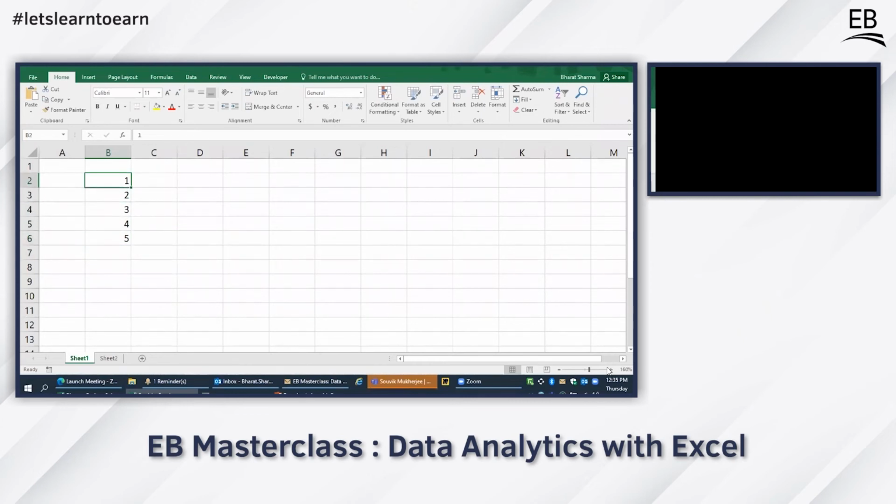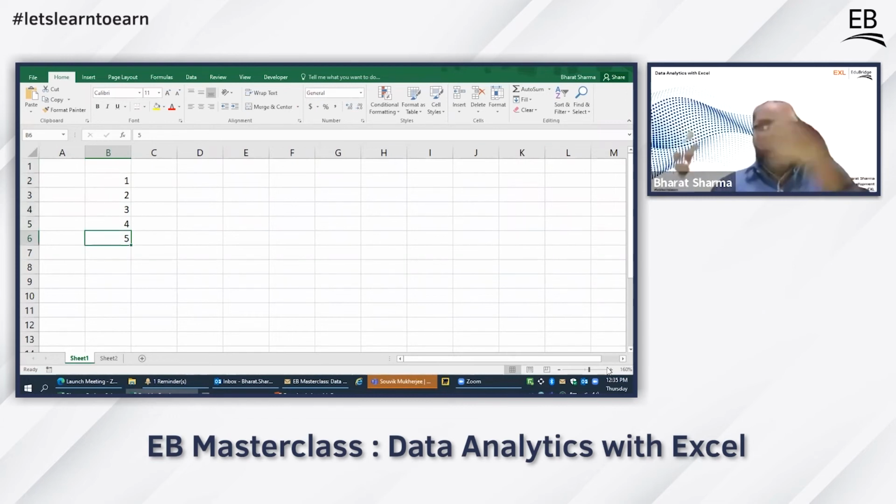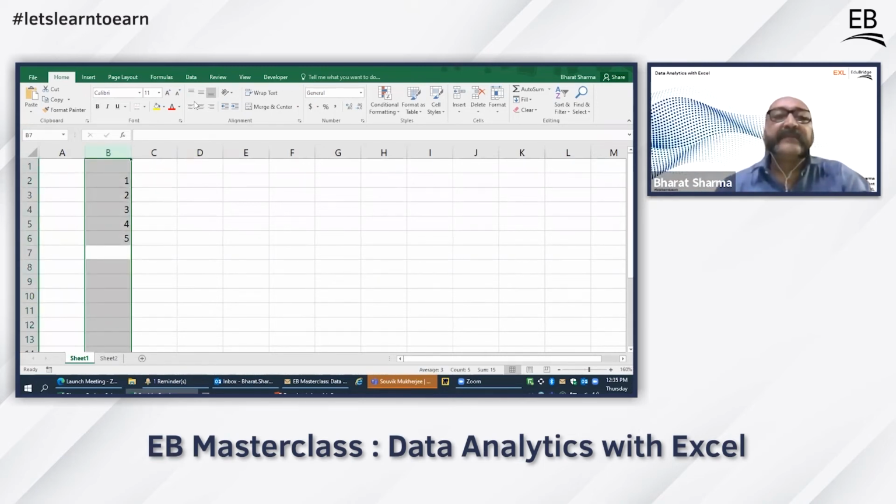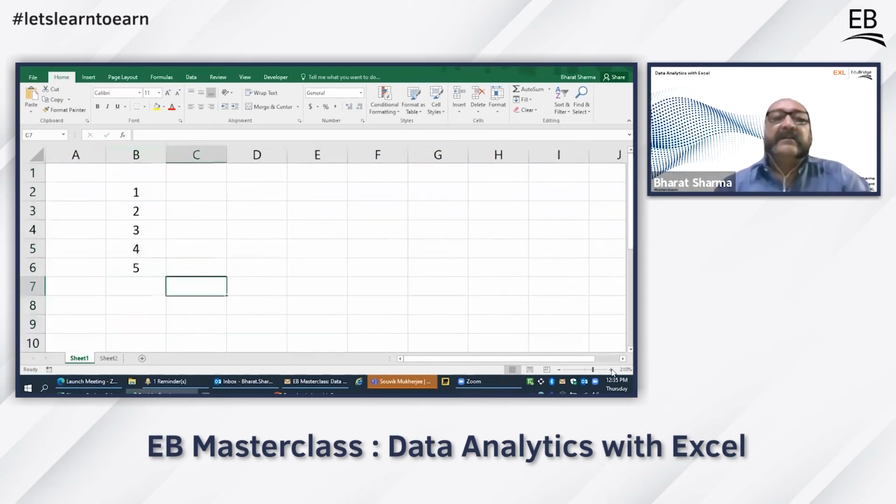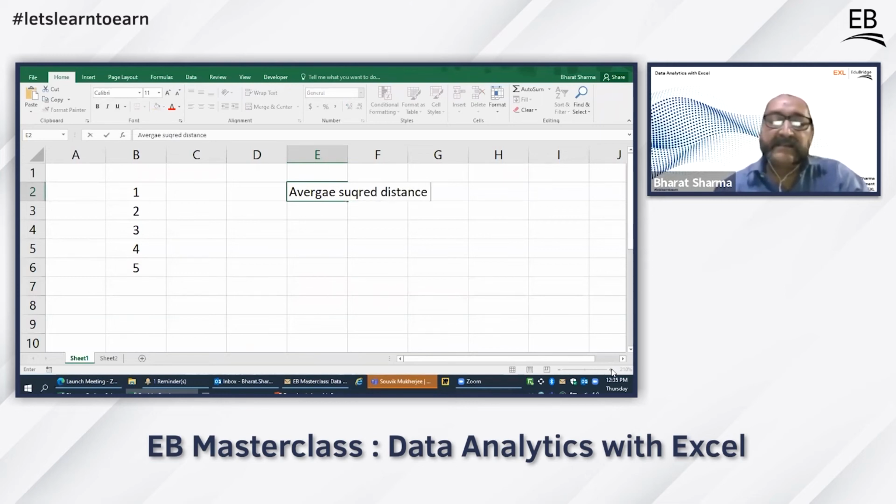Okay, so if I have to calculate variance, though we learn how to calculate using some Excel functions and functionalities, but before that, let's understand what it is. So it is the average squared distance of data points from the mean.